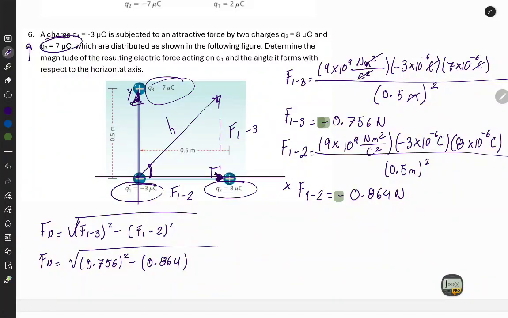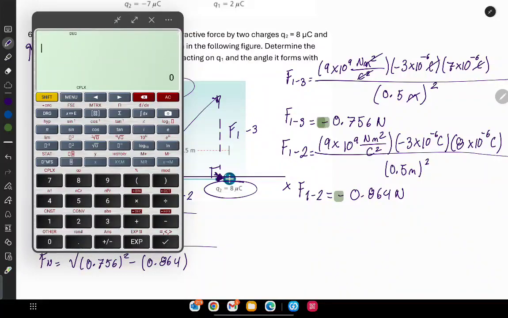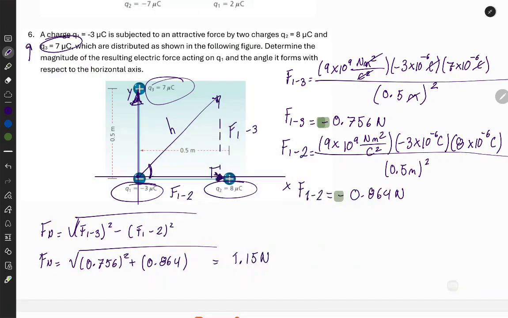Using the calculator again: the square root of 0.756 squared, and then plus, sorry, in here it's plus, 0.864 squared. So the net force is equal to 1.15 newtons.